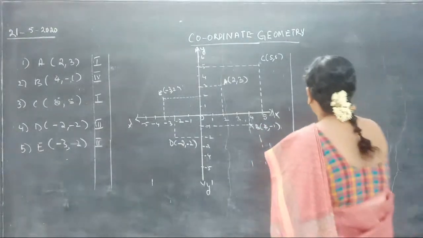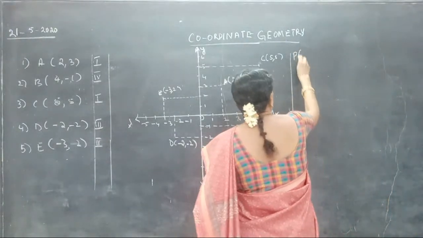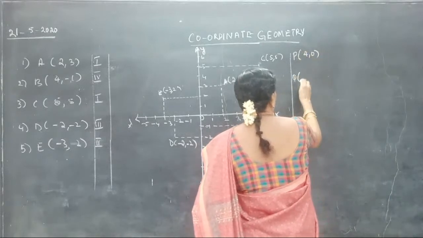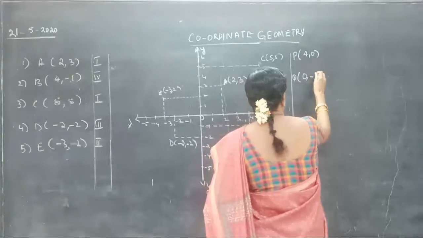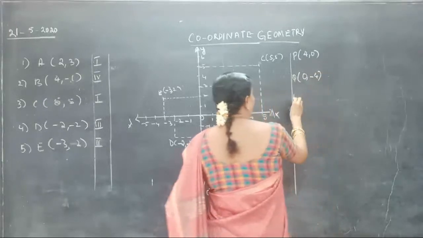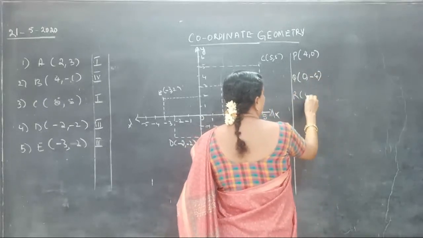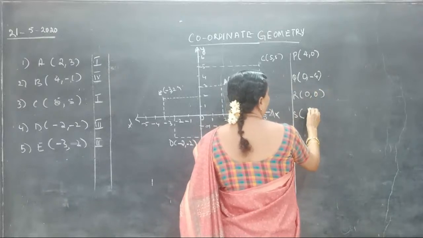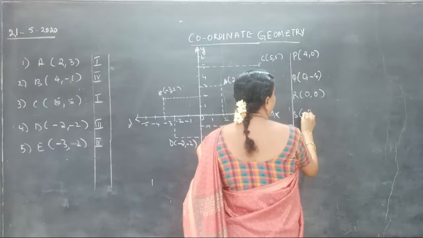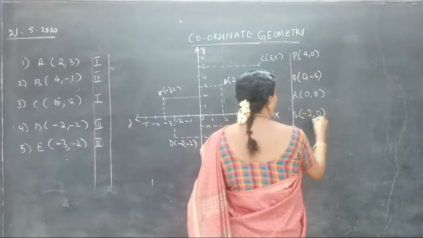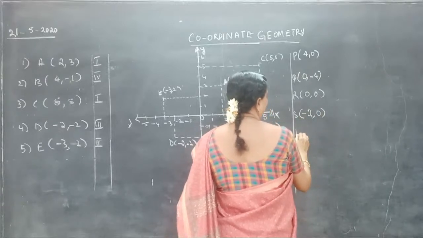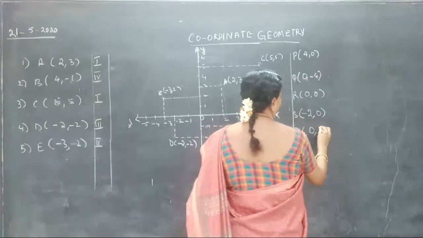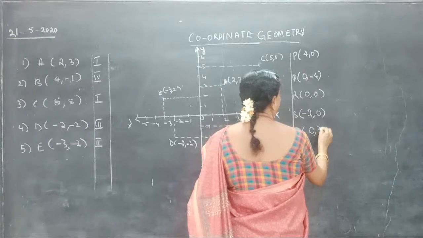Take another set of points. Point P, 4 comma 0; point Q, 0 comma minus 4; point R, 0 comma 0; point S, minus 2 comma 0; and then T, 0 comma 3.